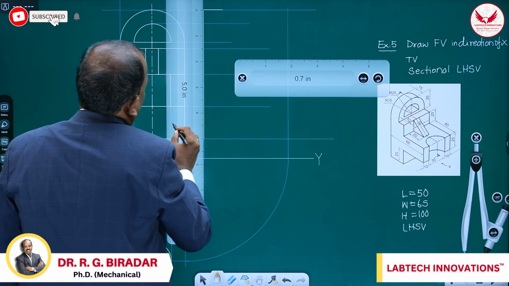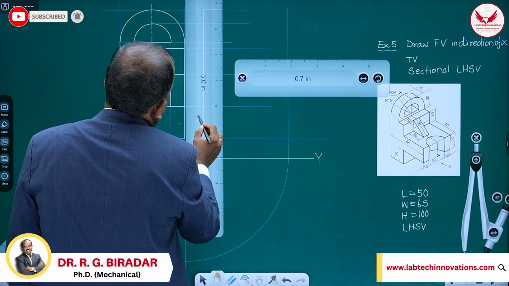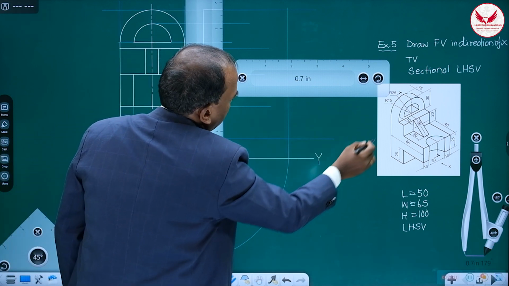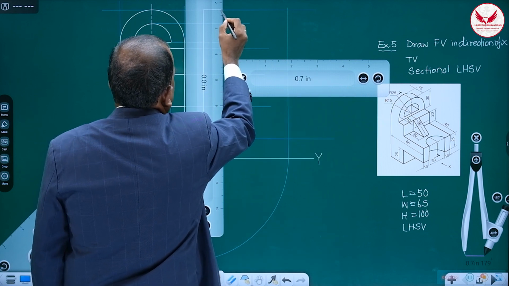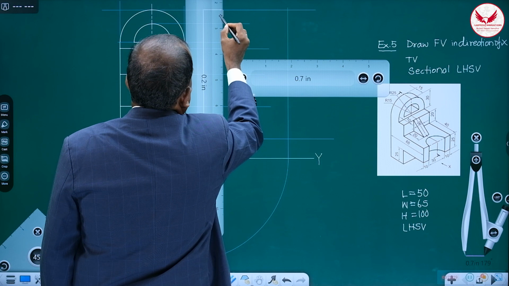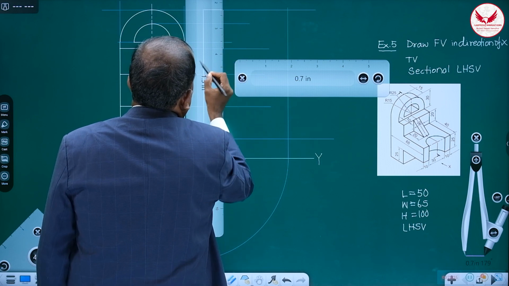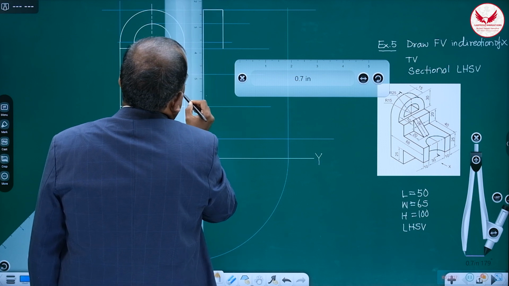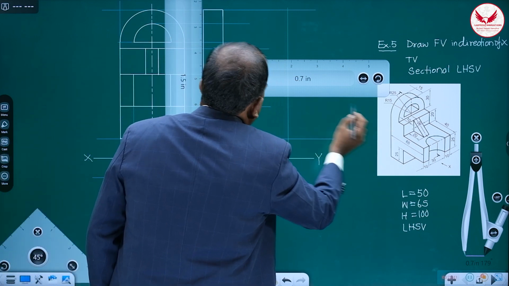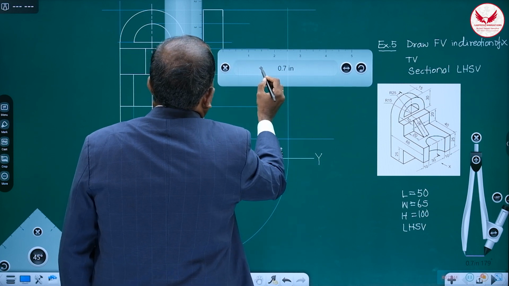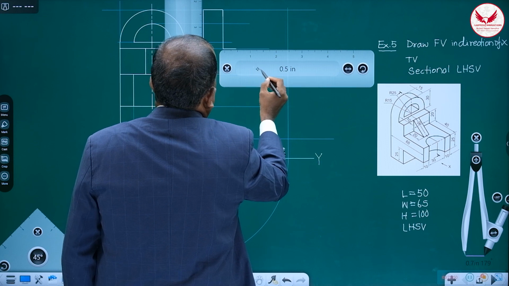Correct. And once we mark this 15, its depth is 30. So the depth is 30. Correct. Then after this 30, again it is 10.